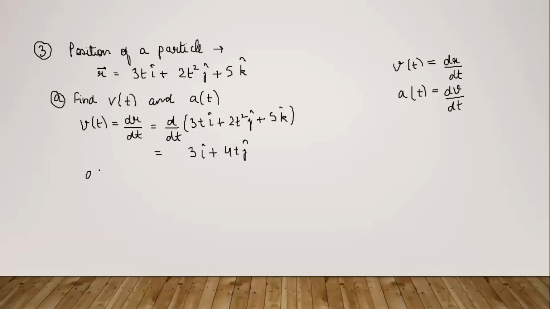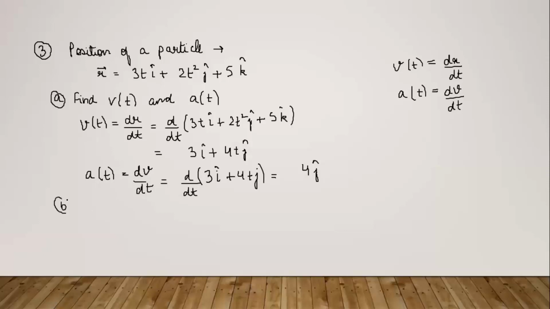So this is our velocity vector. Similarly, the acceleration is dv by dt. We use d by dt, and we have just calculated v, so it is d by dt of 3i plus 4tj. When we differentiate, the first term will be 0 because it has no t term, and we will have 4j. Acceleration will be 4j.